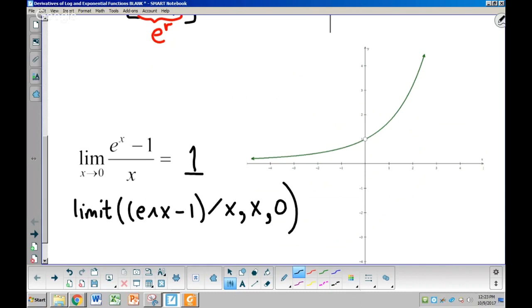A domain error, yes. We would expect a vertical asymptote, wouldn't we? What's going on here? It's removable. This is actually a removable discontinuity sitting right here, instead of a vertical asymptote.